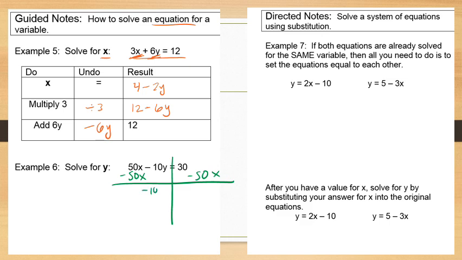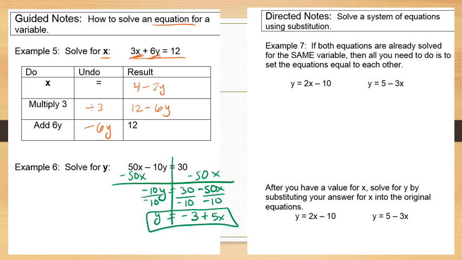So I have negative 10y equals 30 minus 50x. Now I'm going to divide both terms on the other side by negative 10. So I get y equals negative 3 plus 5x, because a negative divided by a negative makes a positive.